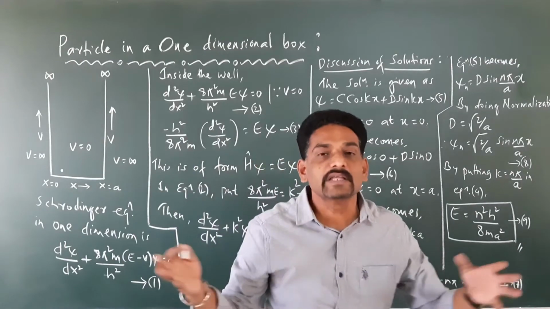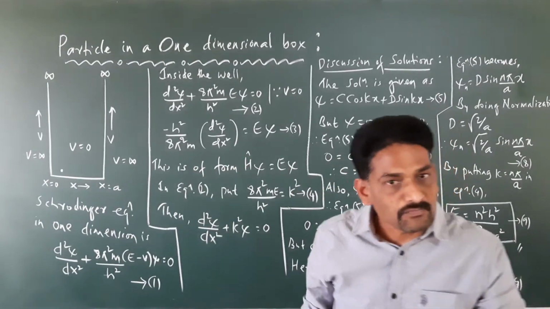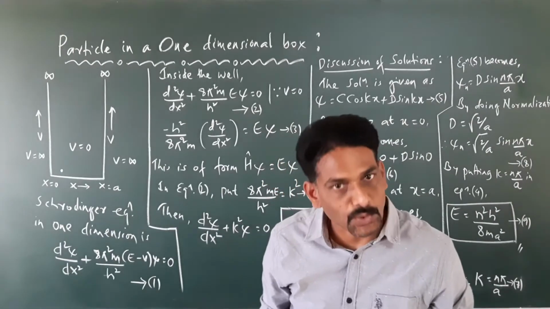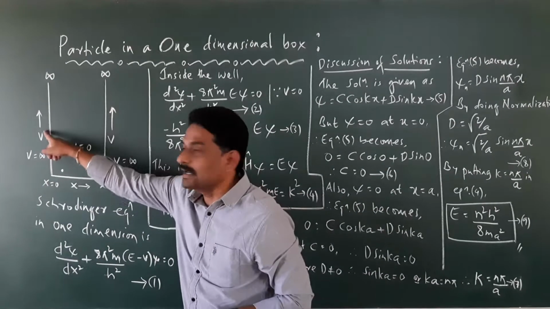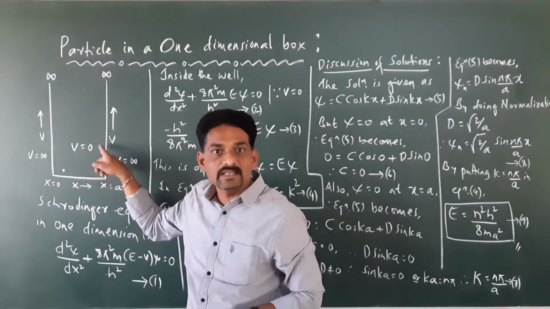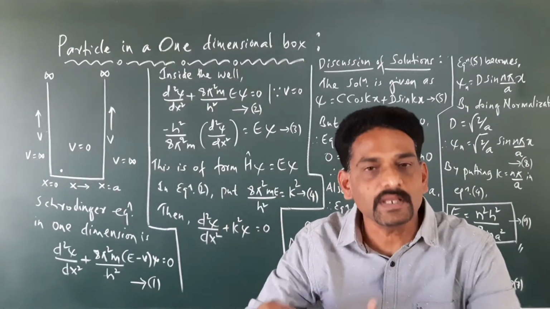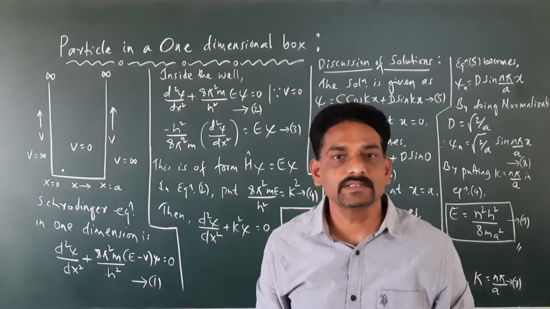As a result, there is no external force or external field acting on the particle. Therefore, the potential energy inside the well is taken as 0. That is, V equals 0 inside the well, meaning the particle is free to move in only one direction, that is the x direction.